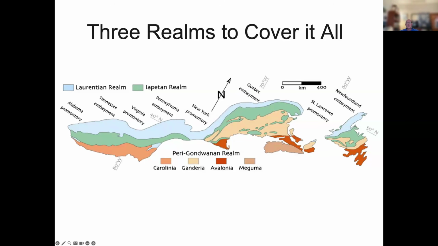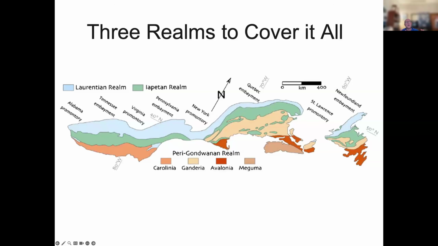And then finally the Gondwana realm includes a whole bunch of different pieces of crust and lithosphere that are similar and not similar going from north to south. So in the south, you can see something called Carolinia, named because it's really common in North and South Carolina. And it goes all the way up in the middle of Virginia, but not absent, or at least not absent at the surface here in Maryland.